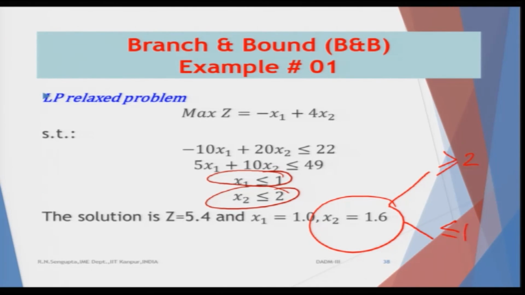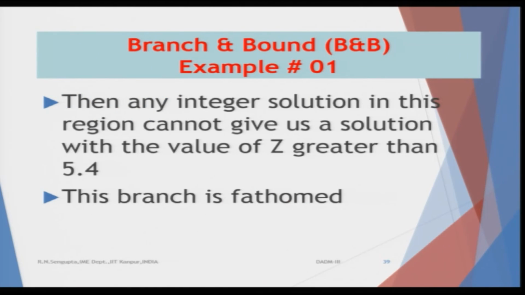One would have basically 0 and 1, the other would have only one value, which is 2. Then any integer solution in this region cannot give us a solution with z greater than 5.4. So, the branch is fathomed, we have to basically stop.